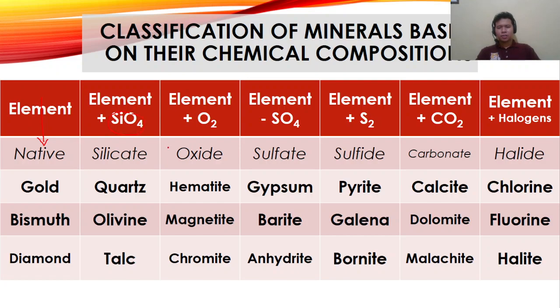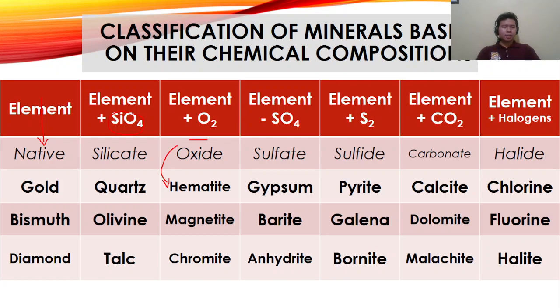An oxide contains oxygen combined with a metallic element. A sulfate is a combination of sulfur plus oxygen. A sulfide means the presence of sulfur combining with another metallic element.